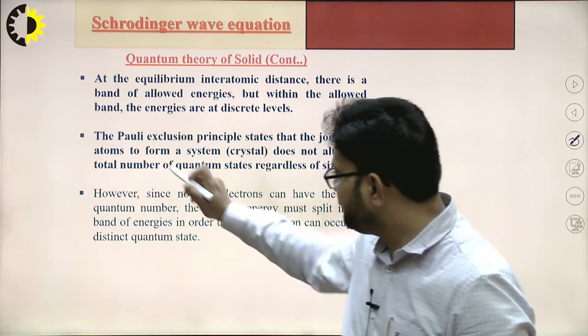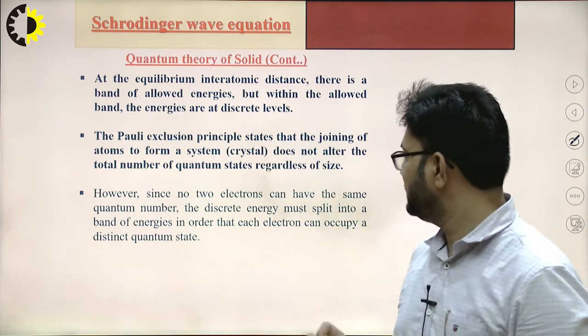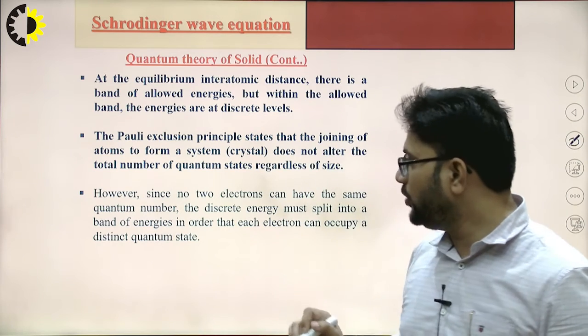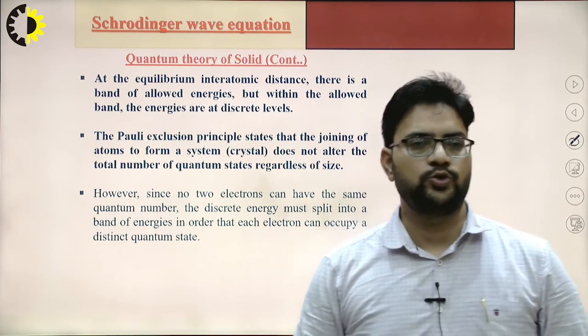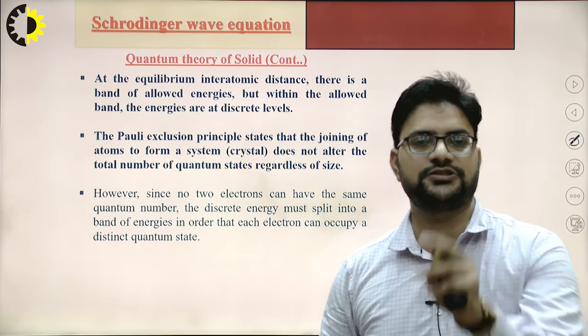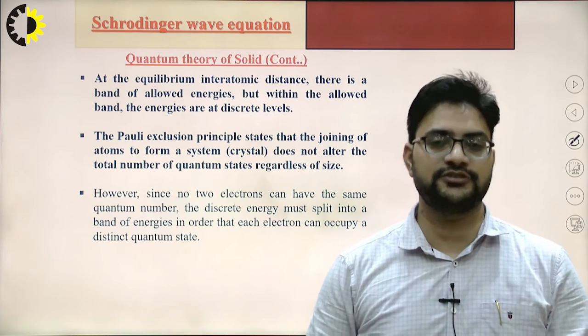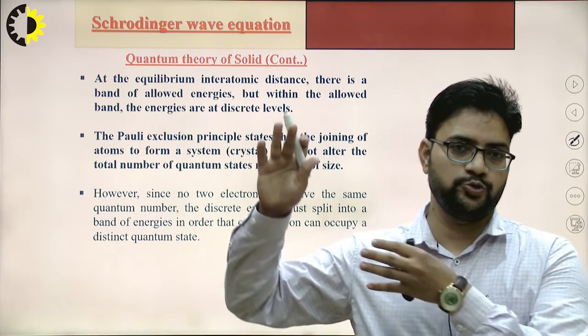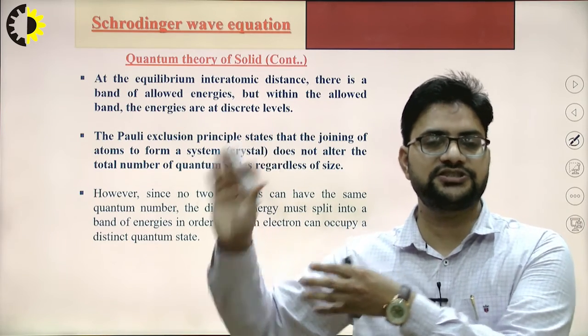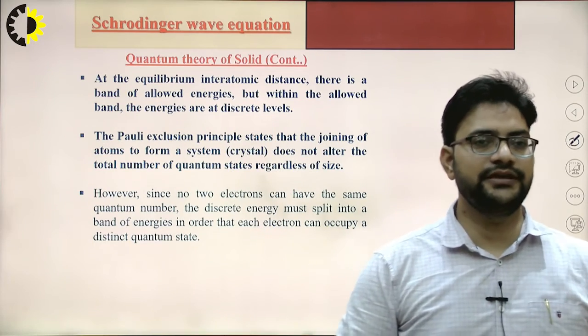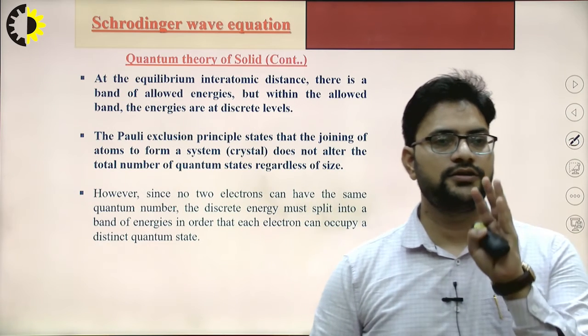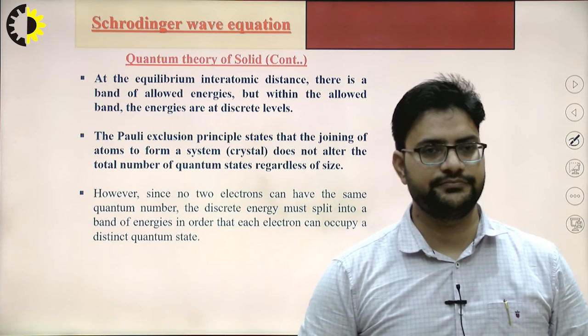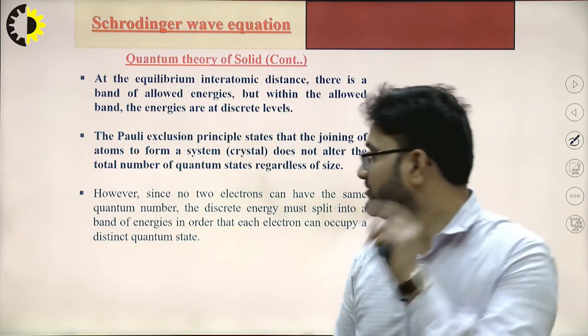So what does Pauli's exclusion principle say? It simply says that joining of atoms to form a single crystal, or a system, does not alter the number of quantum states, regardless of the size.